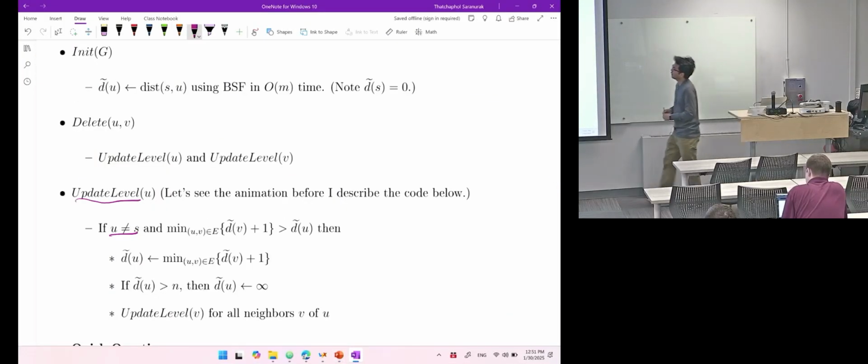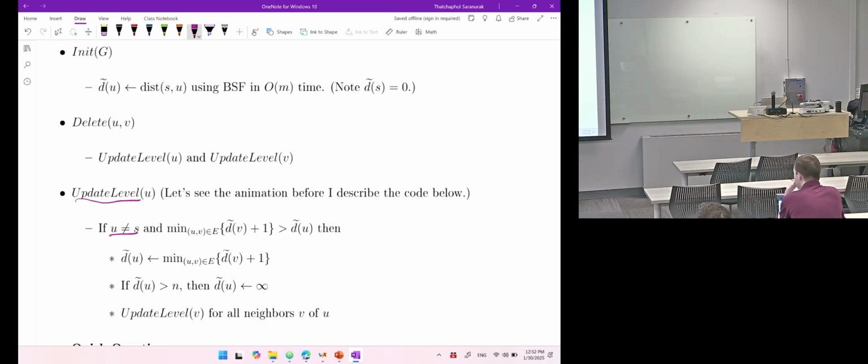So in more detail, it's just like this. When you want to update the level, if you're not the source, you do something. The way I'm going to implement the algorithm is that I will maintain this thing explicitly.